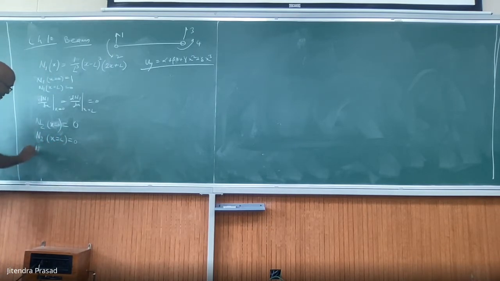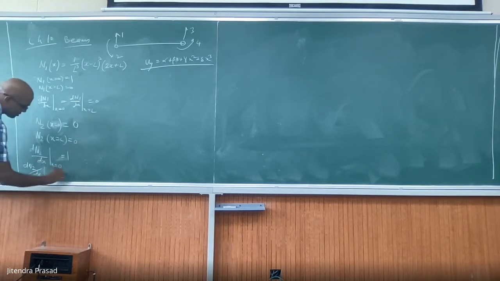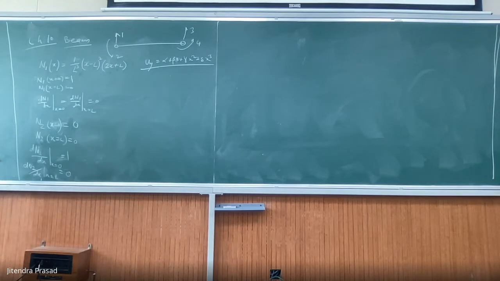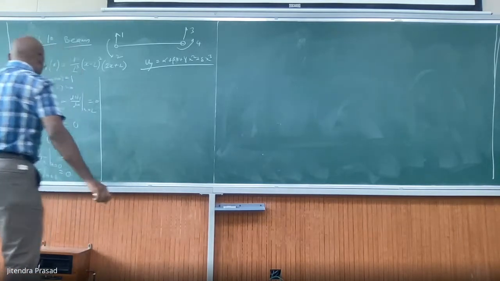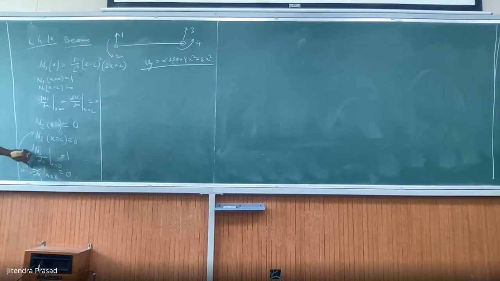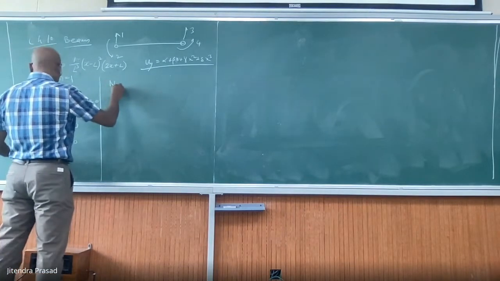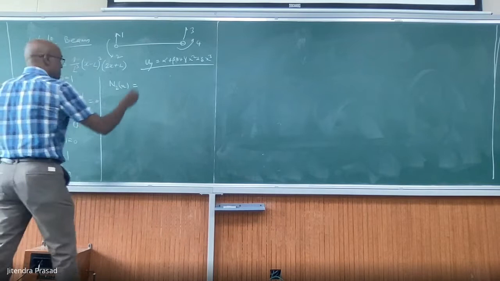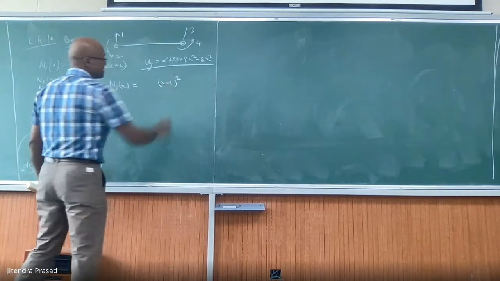Now dN2 over dx at x equal to 0 is equal to 1, and dN2 over dx at x equal to L is equal to 0. So what we see is that at x equal to L, N2 has a double root, and hence you write N2(x) is equal to (x minus L) square of it.